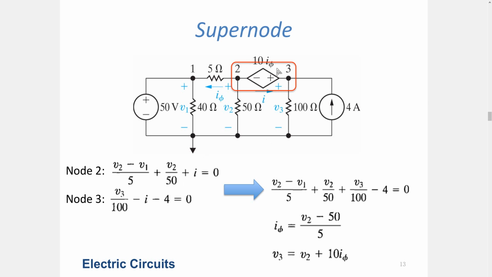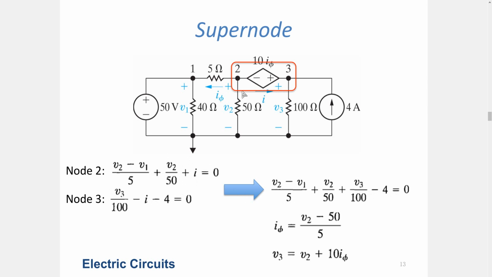So if we are able to write the whole equation using a supernode, we are just accelerating the solution. If you sum these two equations, as you can see, things will be cleaned up, and we end up with an equation which resembles this.